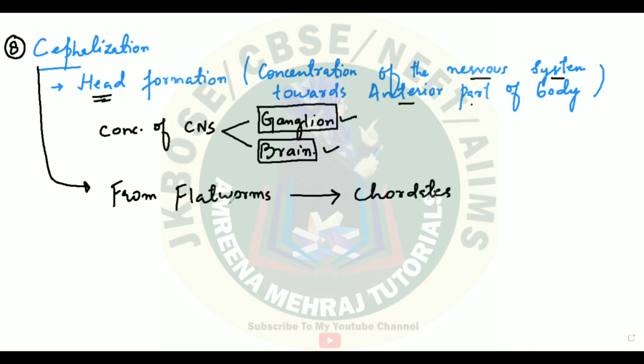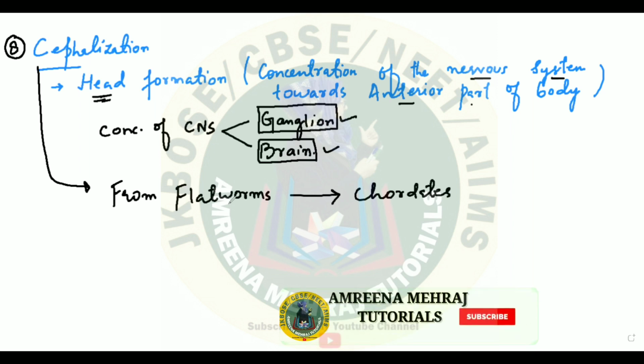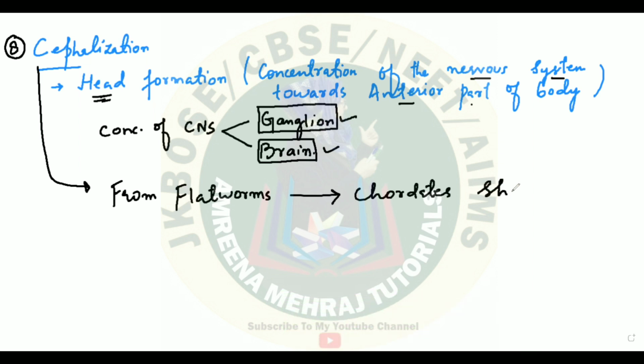As we move ahead, we go to roundworms, then annelids, arthropods, mollusks, echinoderms, hemichordates, and then chordates. From flatworms to chordates, all of them show cephalization. They show head formation.